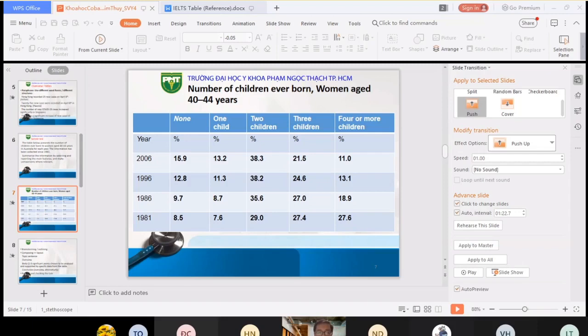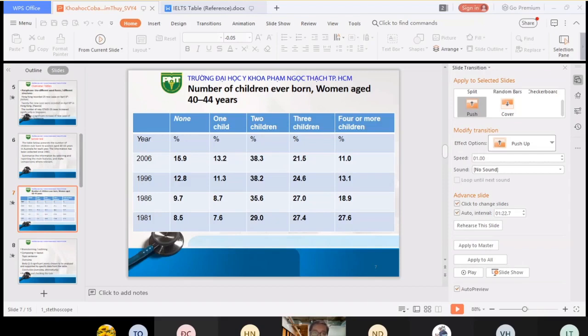You see, from 8.5 up to 9.7, and then 12.8, 15.9. So that means more and more women aged 40 to 44 years chose not to have children.